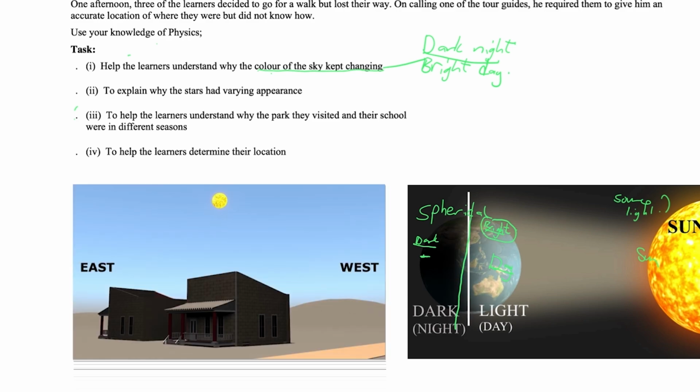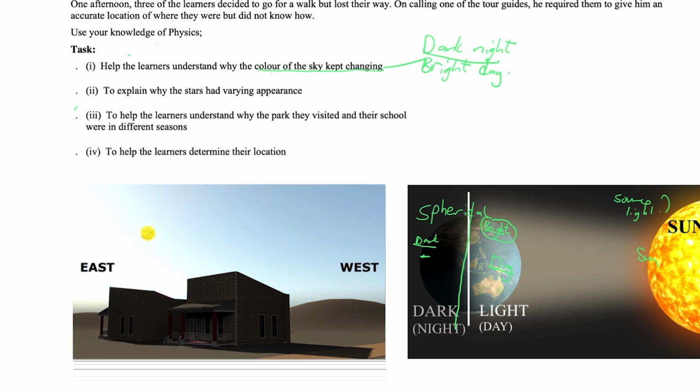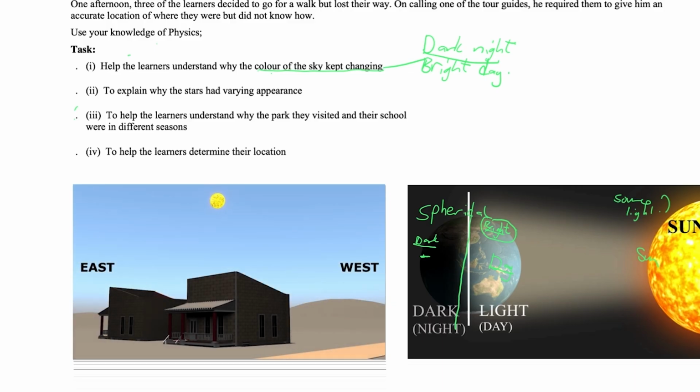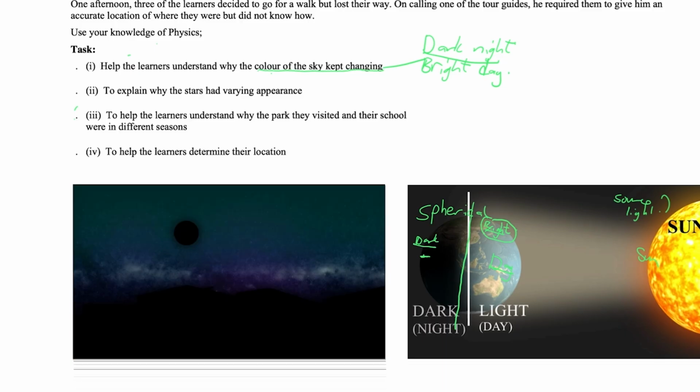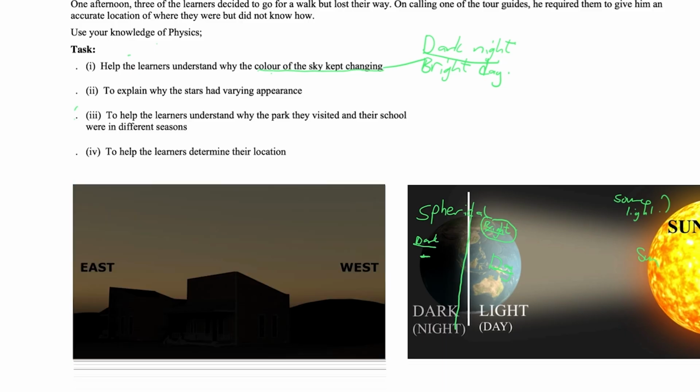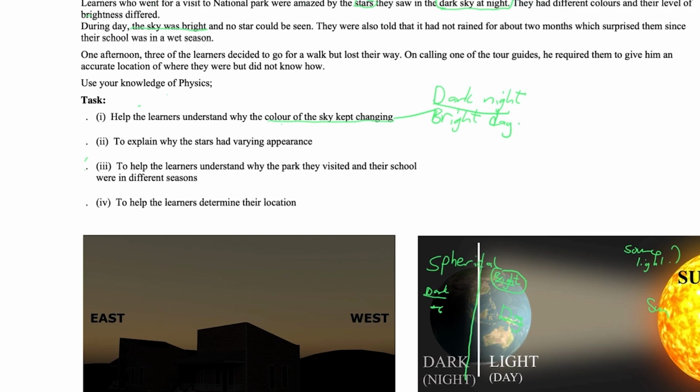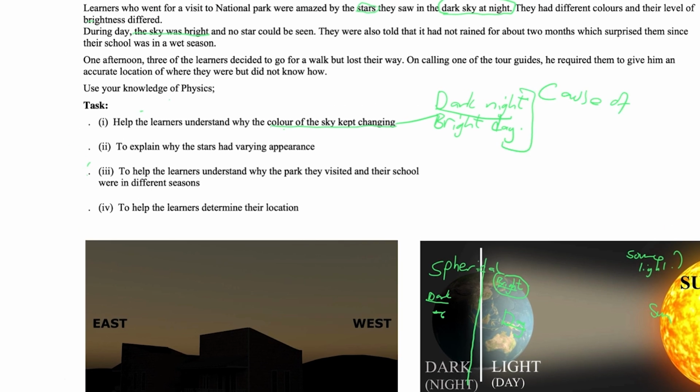So we assume that for these learners, during the day that was how the sky appeared, and during the night part of the Earth became dark, meaning it was in the dark region. So this explains the cause of day and night.